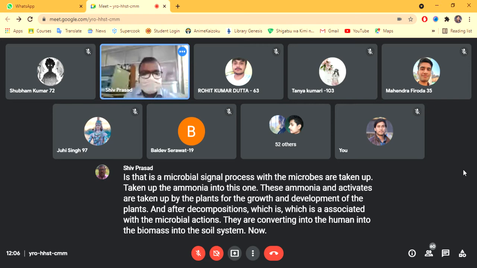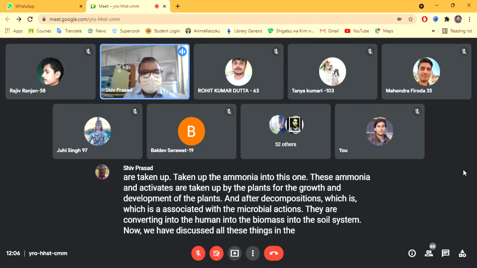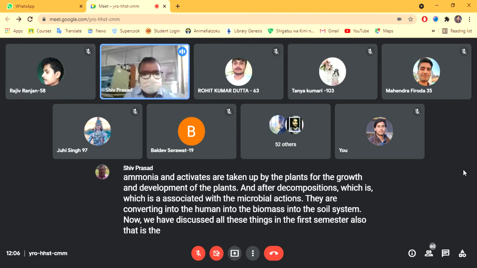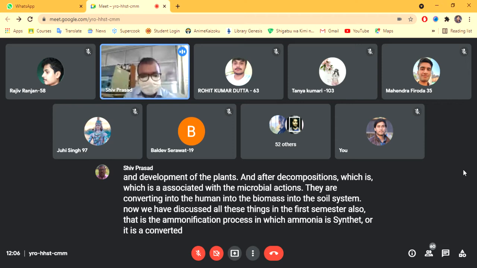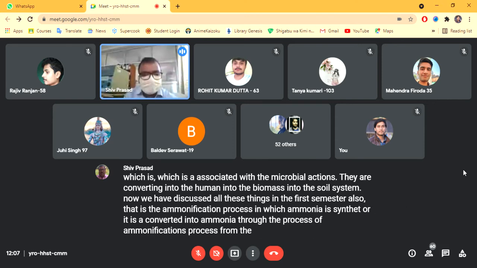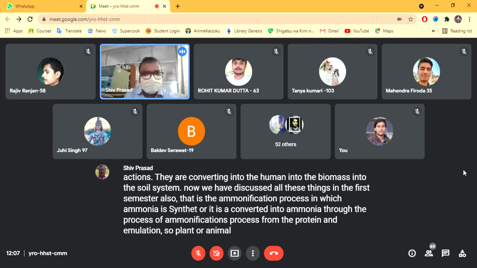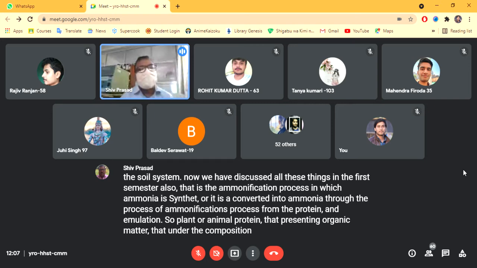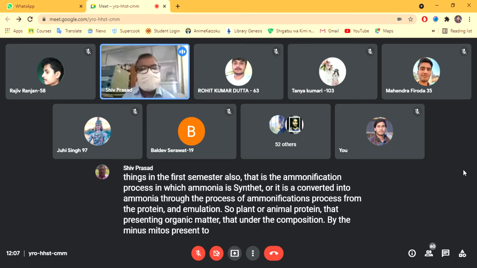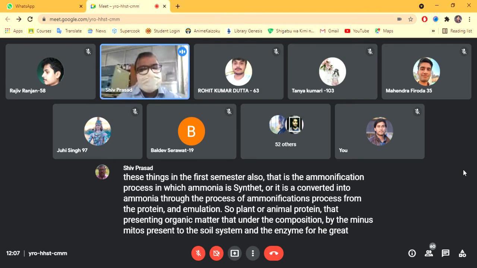Now, we have discussed all these things in the first semester also, that is the ammonification process, in which ammonia is synthesized, or converted into ammonia, from protein and amino acids. So plant or animal protein present in organic matter undergoes decomposition by the various microbes present in the soil system, and the enzyme protease breaks peptides to amino acids.